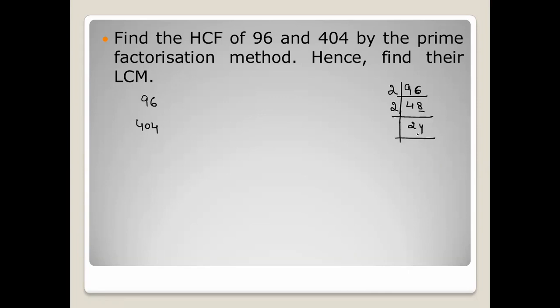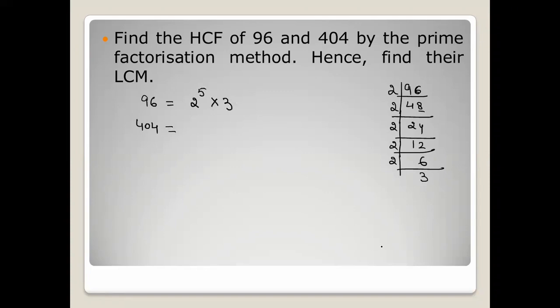Again 4 is your even number, so 12. Then again it will be divisible by 2, 6, and then we know 6 is 2 into 3. So here we can write 96 prime factors 2 raised to power 1, 2, 3, 4, 5. So 2 raised to power 5 into 3.